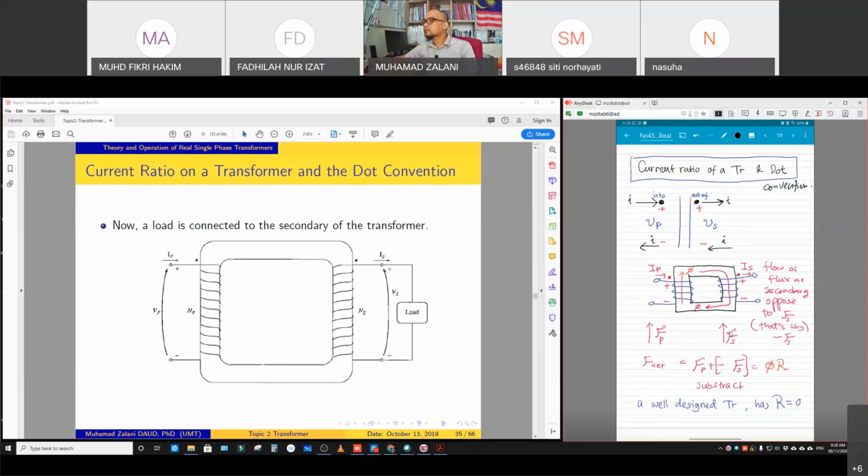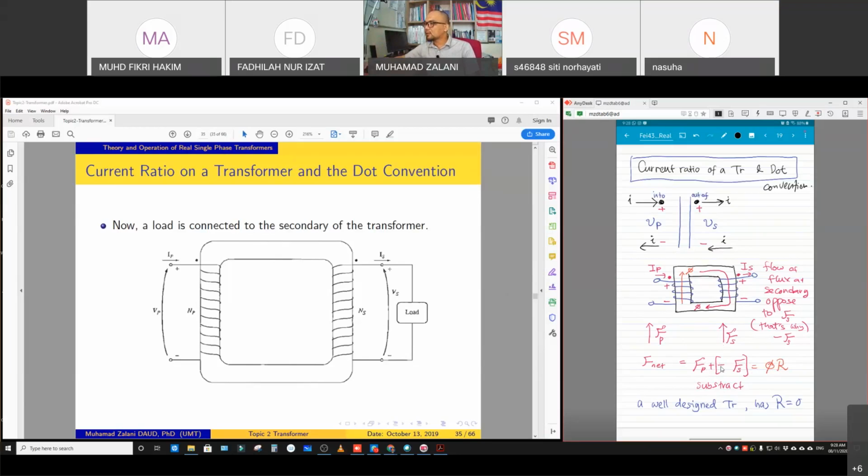All right. So for this MMF, actually, we can calculate the F net, which is the net MMF of these two terms, right? F net equals to Fp plus negative Fs. Why negative? Okay, we'll explain later.